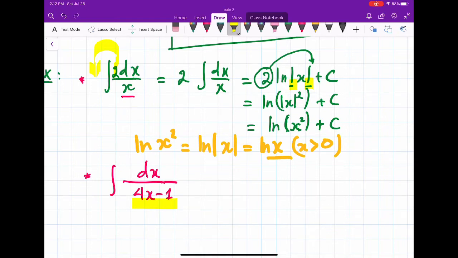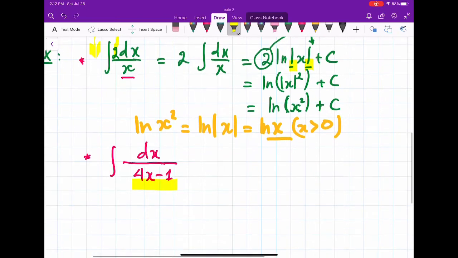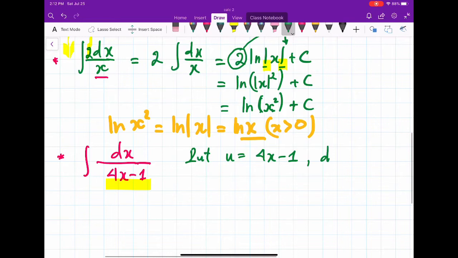If we are very careful, we may do it in the following way. I may put u equal to 4x minus 1 because we want to do substitution. And from here I have du is equal to 4 dx, or dx is du over 4.